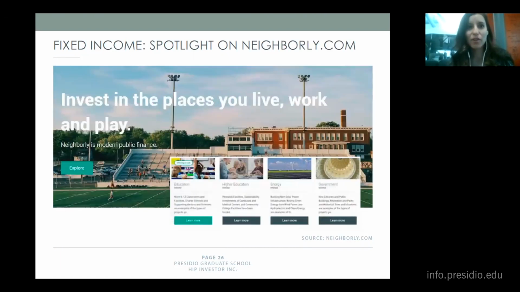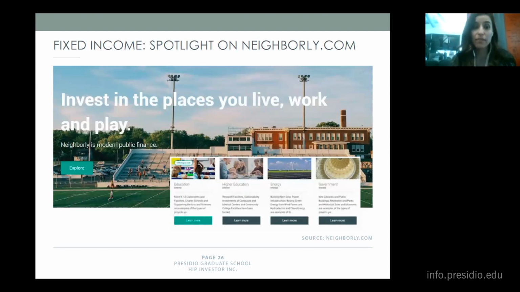And then a great firm worth mentioning is Neighborly.com. They're an online investment platform focused on modernizing public finance. The New York Times described them as putting the public back in public finance. They're a registered broker-dealer, and their all-in-one services dramatically cut the costs required for cities, schools, and other municipalities to issue bonds, which is great.